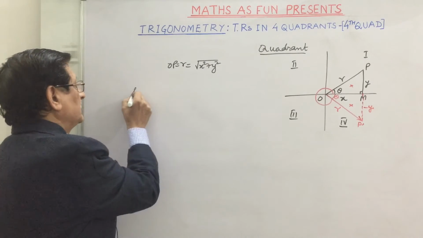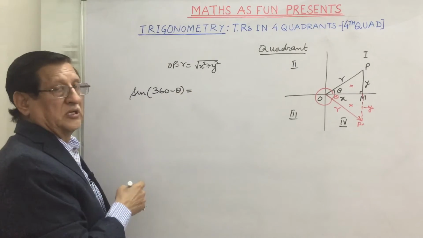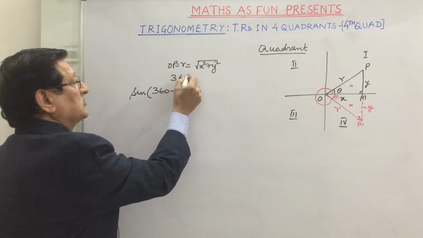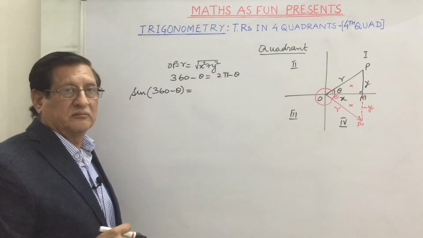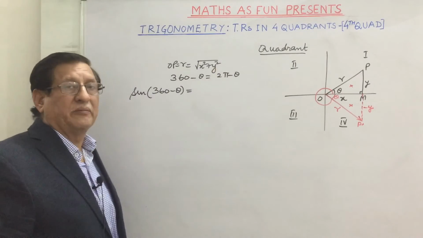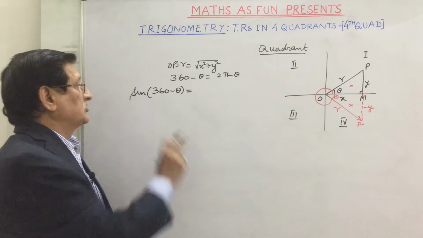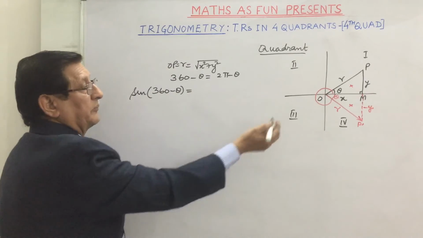If we go for sine of 360 minus theta, see, 360 minus theta can also be written as 2 pi minus theta. So we are writing the same, you can also use 2 pi minus theta in place of that. Sine 360 minus theta is perpendicular upon hypotenuse.